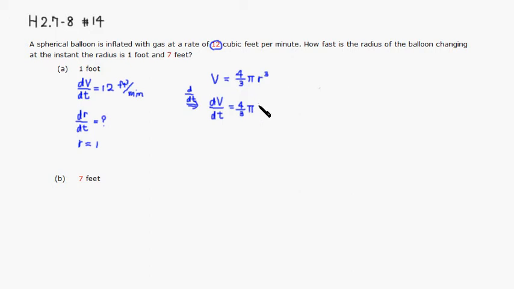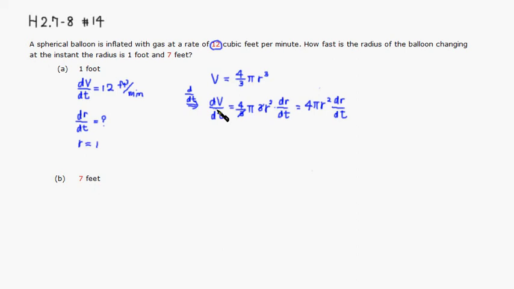Put 3 in front, and subtract 1 from the power of r. Then we multiply by dr over dt. This is the chain rule. The 3 and 3 cancel out, so this simplifies to 4 pi r squared dr over dt.